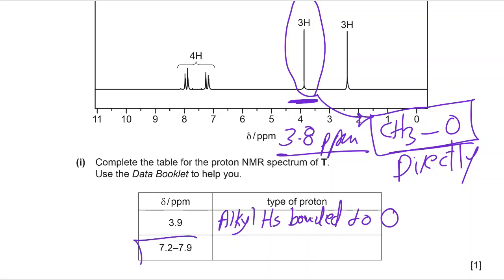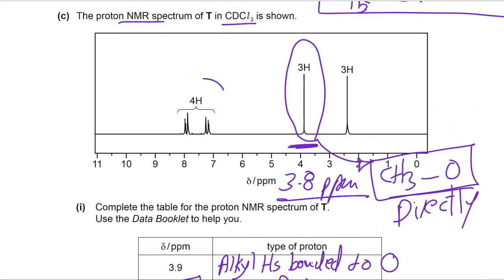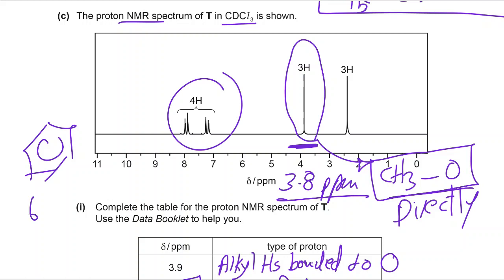Now for this one, it's very clear: the hydrogens of benzene. Now benzene has 6 hydrogens, but here how many hydrogens do we have? We have 4.